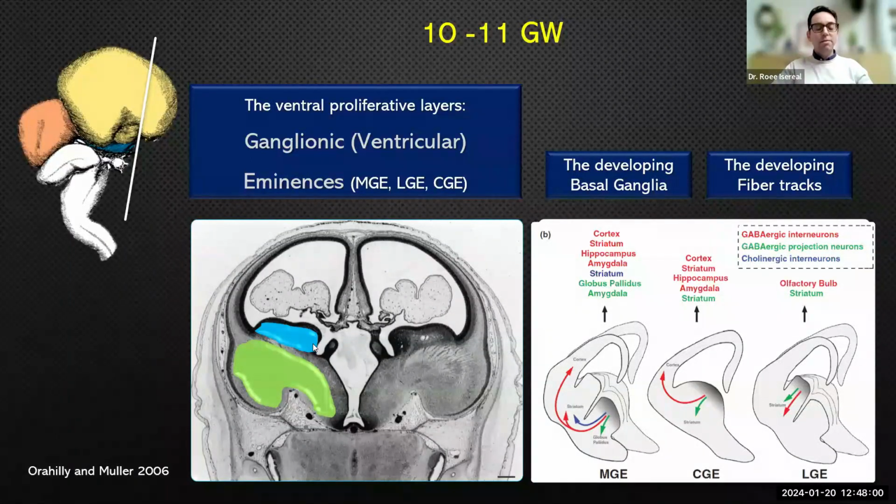From the ganglionic eminences, different subfamilies of neurons depart. Some are the GABAergic inhibitory neurons that go on a tangential migration to the cortex. Some send neurons to lower areas, and these will be the basal ganglia. So remember these areas, and that these events mainly occur during early pregnancy.